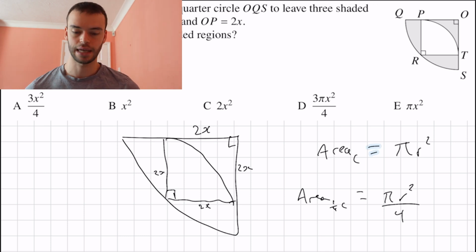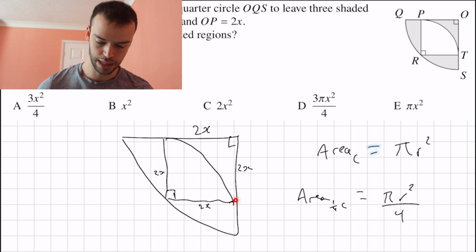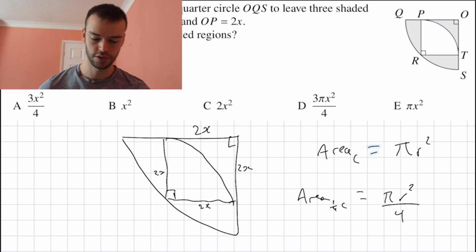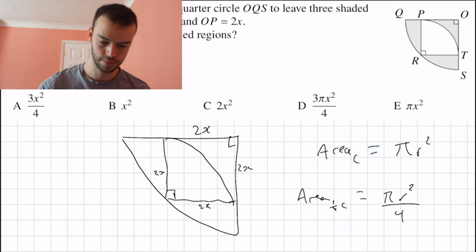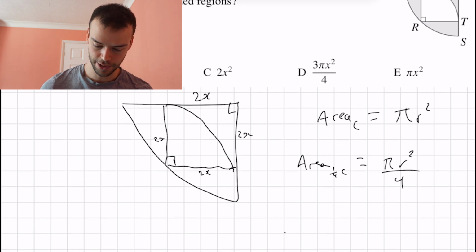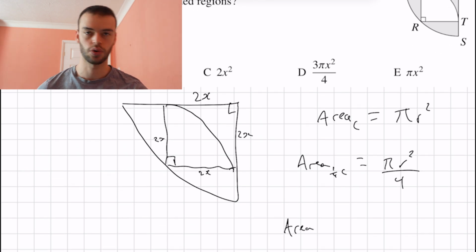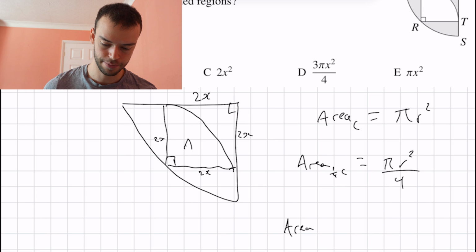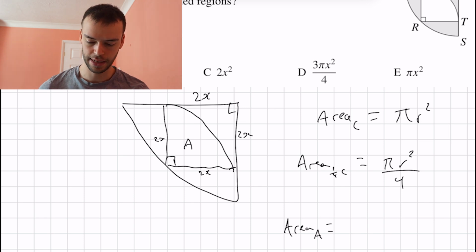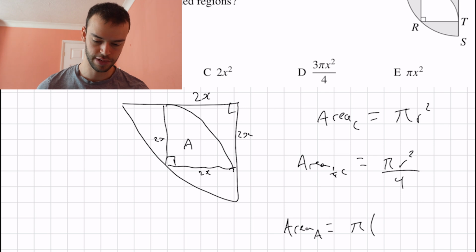So let's find the area of this shape first of all. The radius is 2x. Let's call this shape A. The area of A equals pi lots of r squared over 4, where r is the radius, 2x.